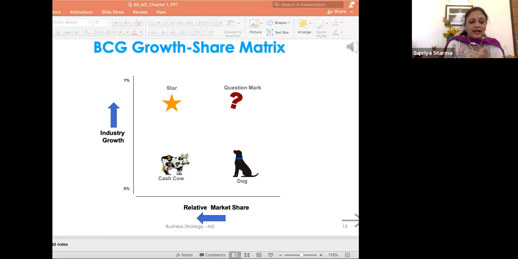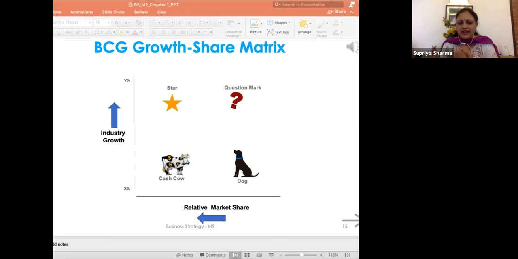Why do I need cash cows in my portfolio? My portfolio generally has all. Because it's a slow growing industry and I have peaked there, I've reached my saturation there. Now the money is coming.